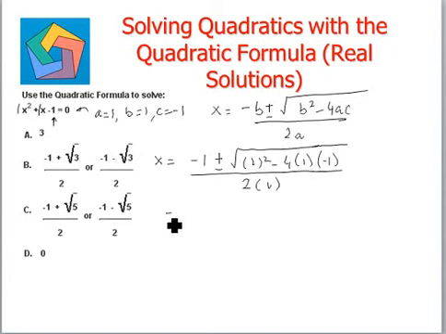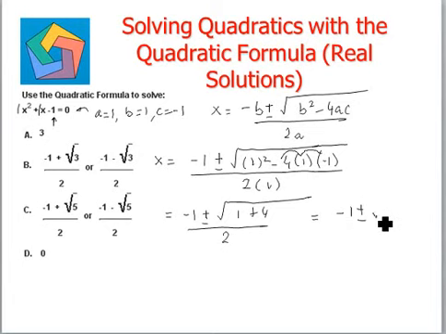This is equal to negative 1 plus and minus the square root of 1 squared is 1, negative 4 times 1 is negative 4. Negative 4 times a negative 1 is a positive 4, divided by 2 times 1 is 2. This is equal to negative 1 plus and minus the radical of 1 plus 4, which is 5, divided by 2.